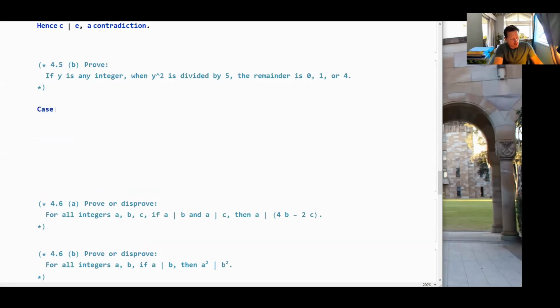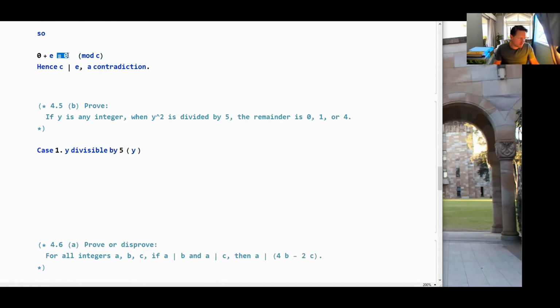Case 1, y divisible by 5. In other words, y, and I'll borrow this congruent symbol again, y congruent to 0 mod 5.